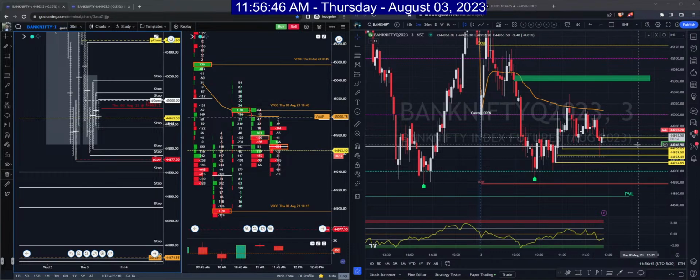We are still 14 seconds left. There is a buyer here at 965, and there's a seller at 974.